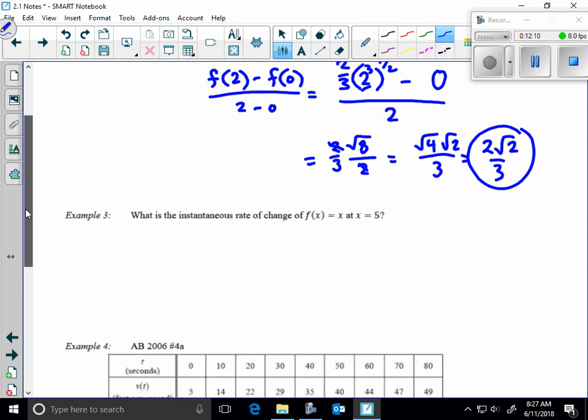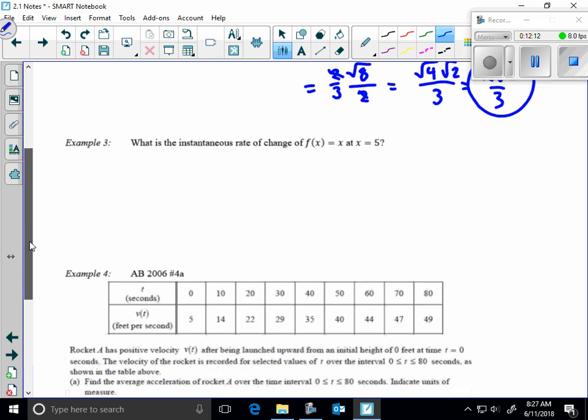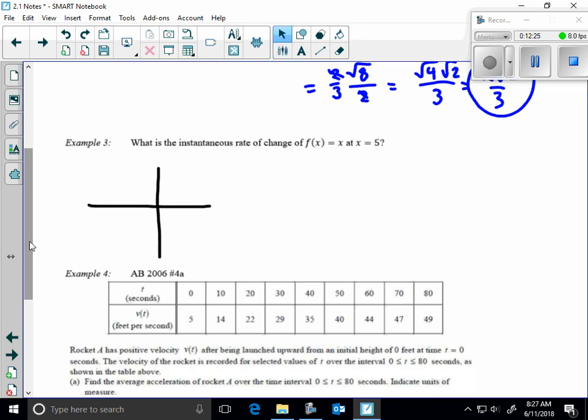All right. What is the instantaneous rate of change of f of x equals x at x equals 5? You don't need to do a whole lot of work here. You can if you want, but in this case, all I need to do is understand what the function is. Okay, f of x equals x is a line.